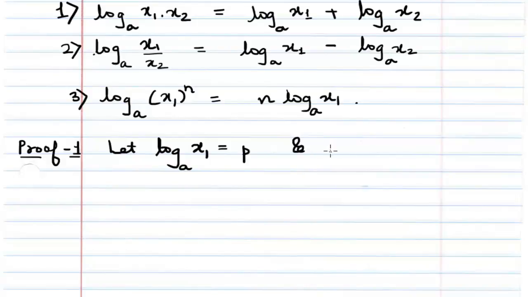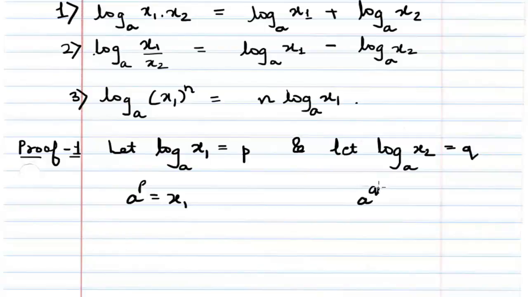And let log of x2 to the base a is equal to q. Now we'll convert this in index form, that is a to the power p is equal to x1, and this one will be a to the power q is equal to x2.